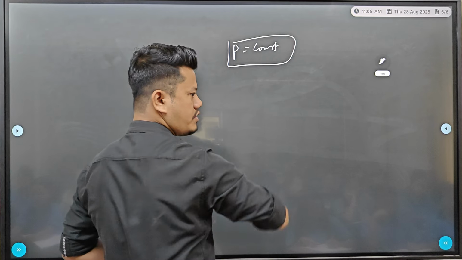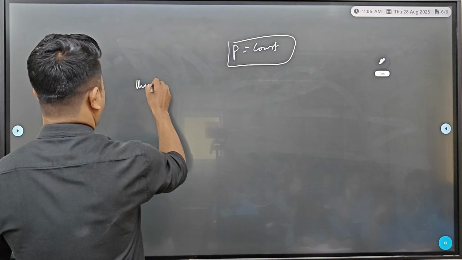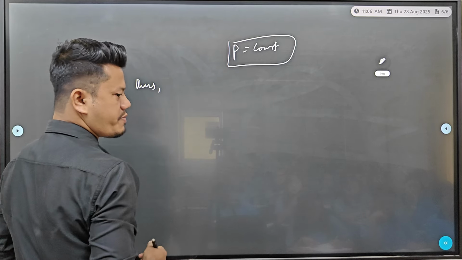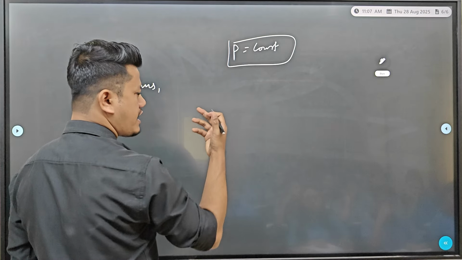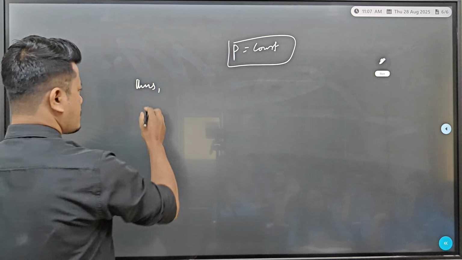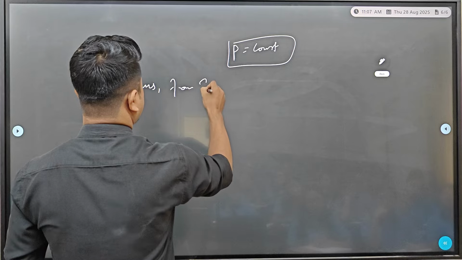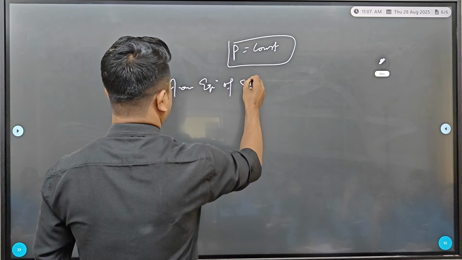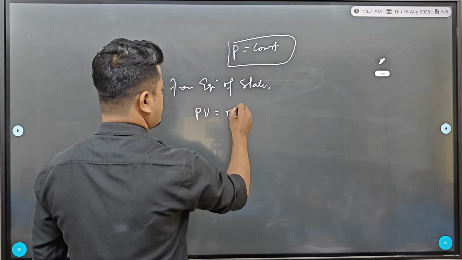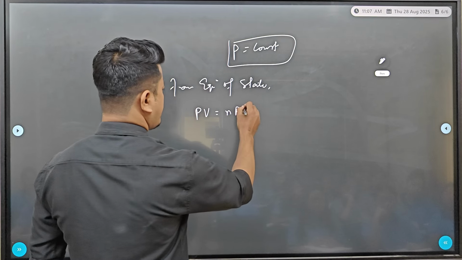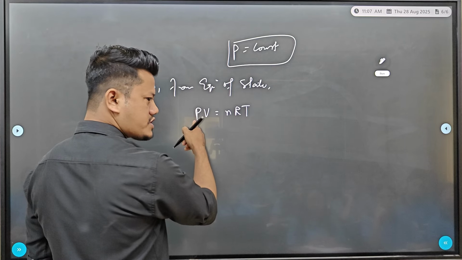Thus, how to find out the equation of isobaric process now? From the equation of state only. Every equation can be calculated from the equation of state. What was the equation of state? PV equal to nRT. P is a constant or not?